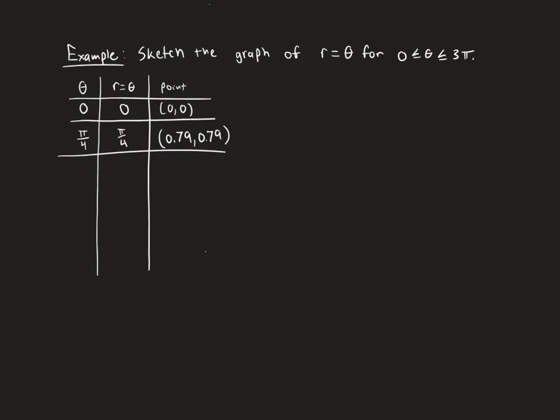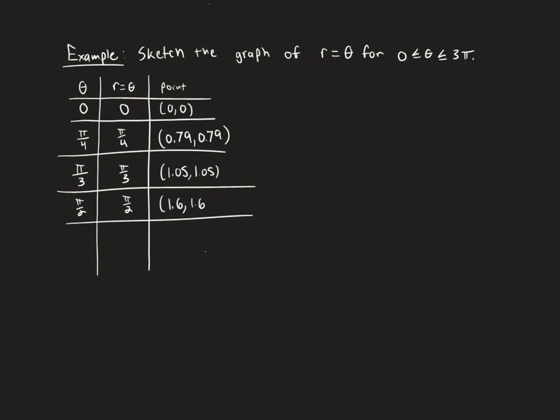0.79. Okay, and then let's do pi over 3 and pi over 2. Pi over 3 is about 1.05. Pi over 2 is about 1.6. Let's start skipping a little bit. Pi, let's call it 3.14.